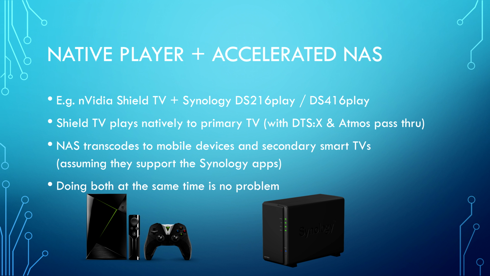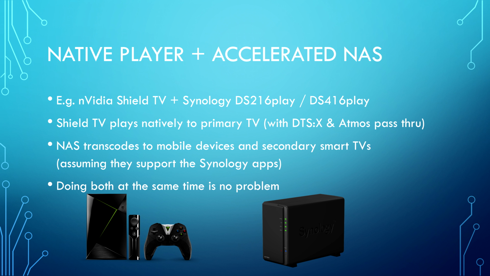Another option that really kind of covers all bases, and it's kind of a neat little way of looking at it, is to get both the native player and an accelerated transcoding NAS, such as a Shield TV and one of the Play series from Synology, which has a hardware transcoding engine built in.